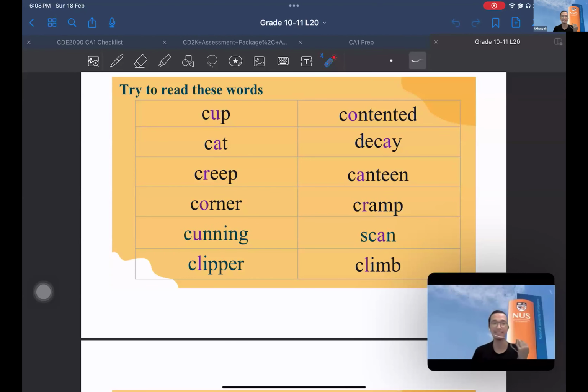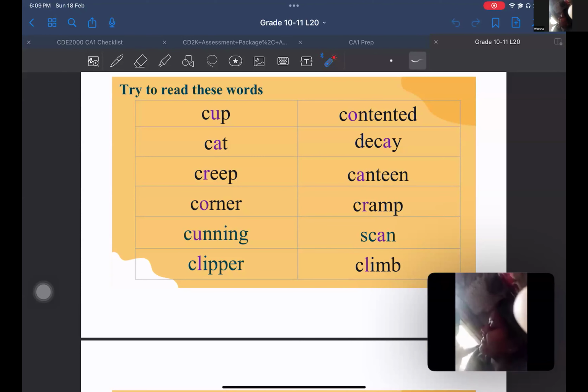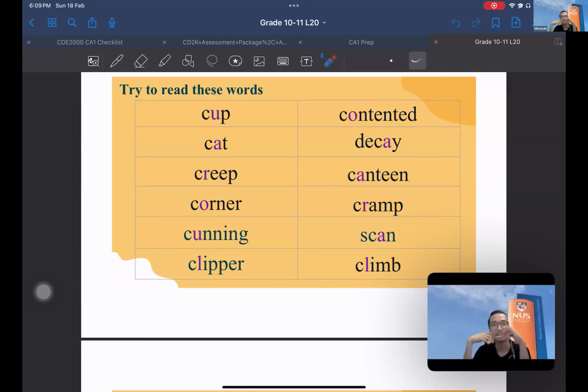So cunning is usually, have you guys ever heard of the phrase as cunning as a fox? Cunning is usually referred to living things, either people or animals, where they use deception, where they use lies, or they try to play with your feelings.